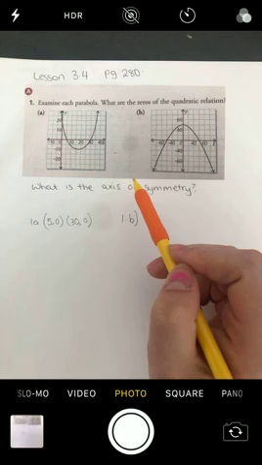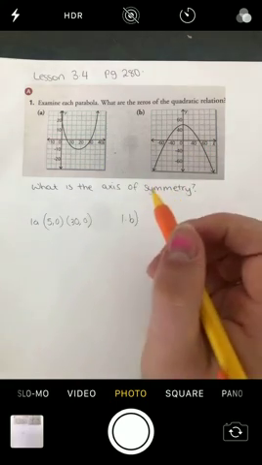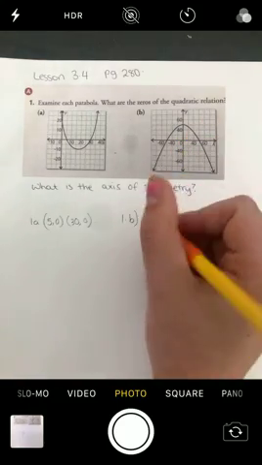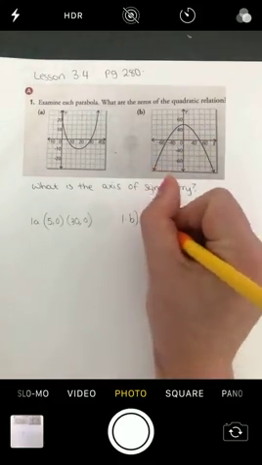That's interesting. I would say that it would be negative 50 and positive 50.